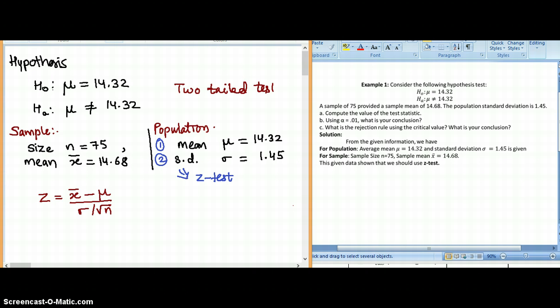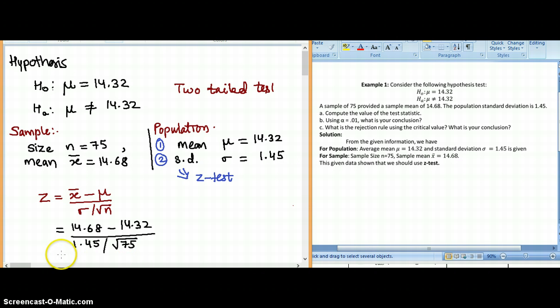Now we have all these values, we substitute it over here. X bar is 14.68 minus mu is 14.32 divided by sigma is 1.45 divided by root n, square root of 75.